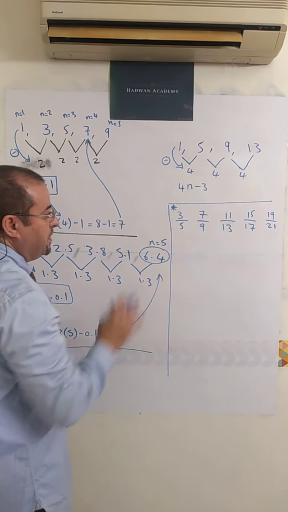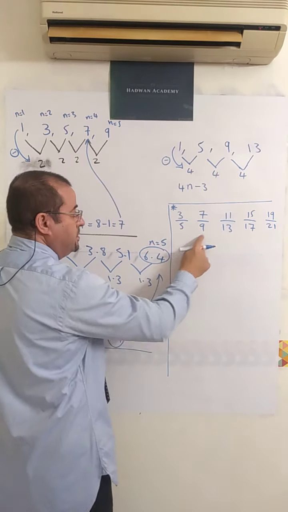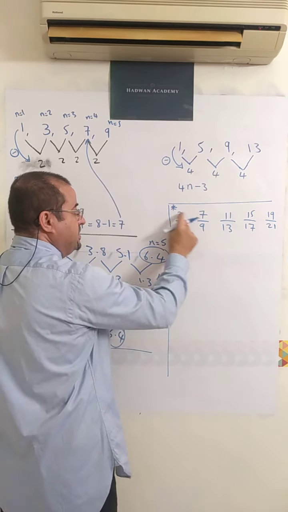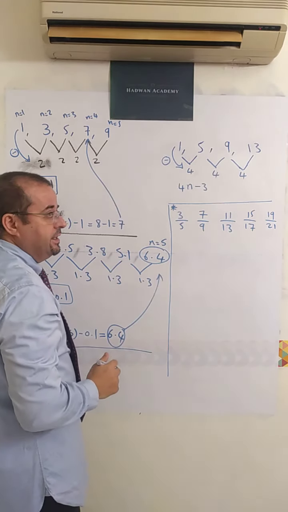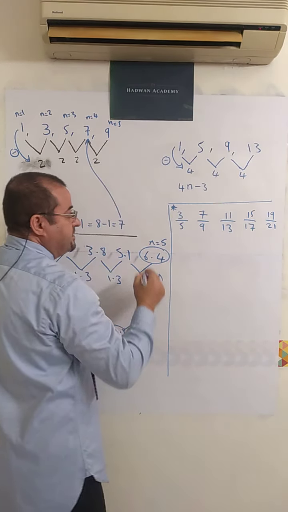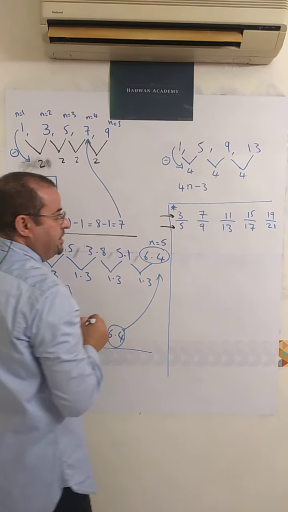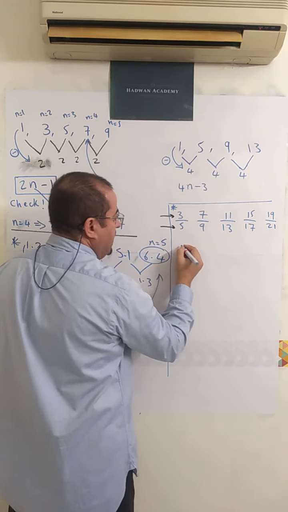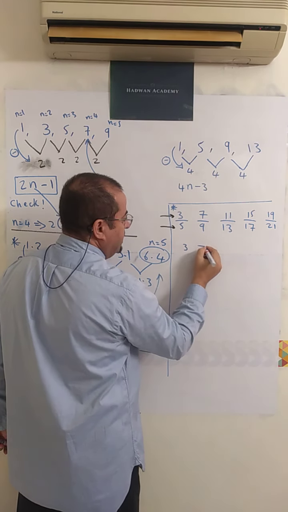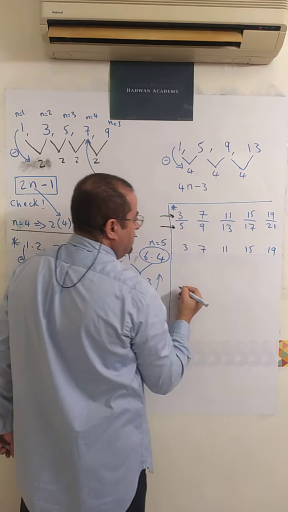If you have a sequence like this, you should not subtract one fraction from another. I will deal with the sequence of numerators separately from the denominators. So I take the numerators first: 3, 7, 11, 15, 19.